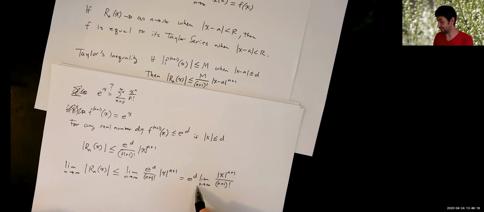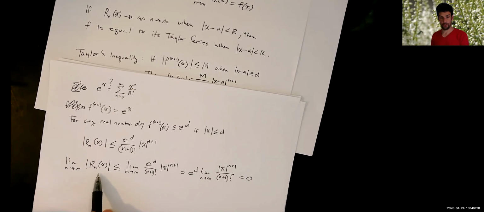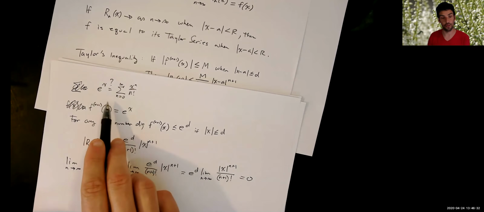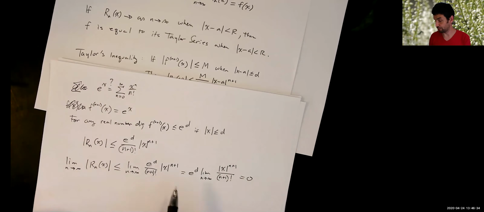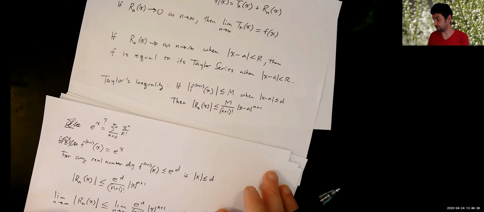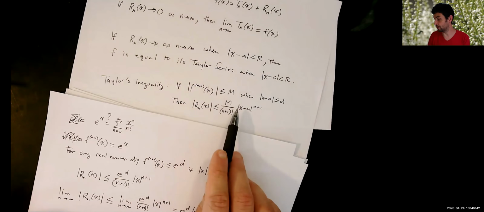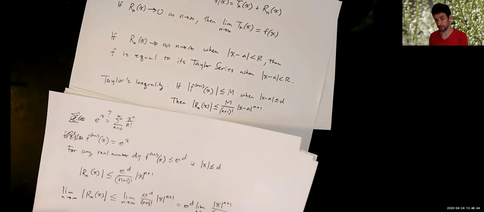Which means we get 0 times a constant, or 0. In other words, the Taylor remainder for this series that we came up with goes to 0, which was what we needed to show to say that our Taylor series was equal to our function, okay?